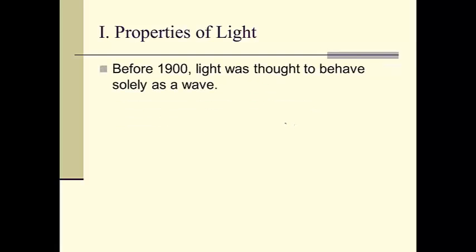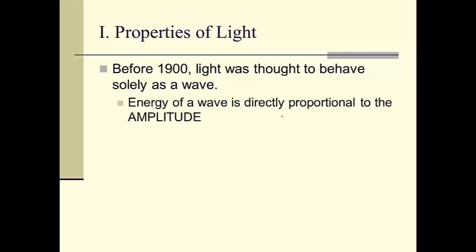Now, before 1900, light was thought to behave solely as a wave. Anything that is a wave, the energy associated with that wave is directly proportional to the amplitude, or how high the wave is. If you think about ocean waves, the ones that are really big have a lot more energy to them compared to the ones that are pretty small.